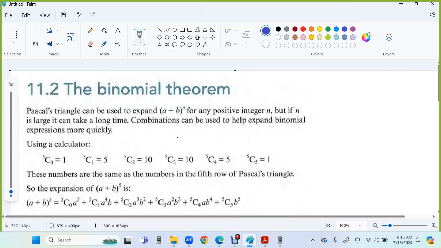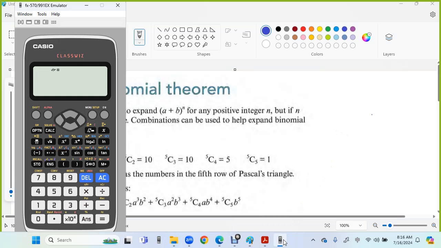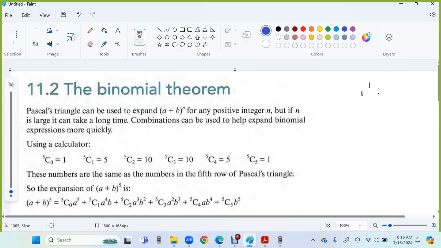So 5C0 is 1, 5C1 is 5, 5C2 is 10, 5C3 is 10, 5C4 is 5, 5C5 is 1. Okay, we look at the Pascal's triangle: 1, 1, 1, 1, 2, 1, 1, 3, 3, 1, and 1, 4, 6, 4, 1, and 1, 5, 10, 10, 5, 1.